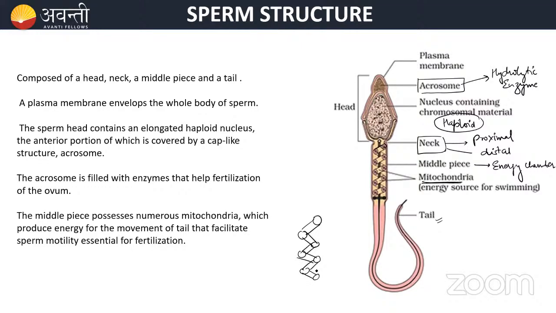The spiral arrangement of the mitochondria is known as the Nebenkern sheath. The last part is the tail, and the tail helps in the movement of the sperm. It provides the motility to the sperm.